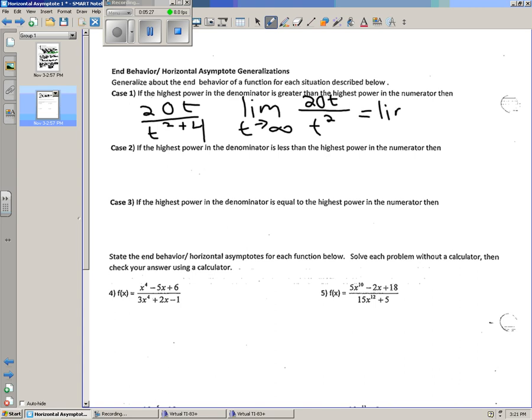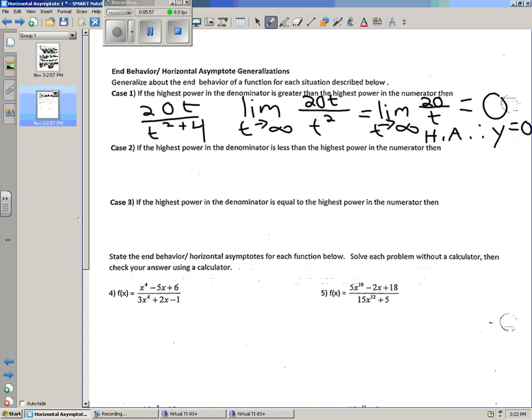So what we find is that this end behavior model just reduces to 20 over t. So as t gets bigger and bigger, when we do 20 divided by 1,000,000, this value is going to get closer and closer to 0. So when the highest power in the denominator is bigger than the highest power in the numerator, we have a horizontal asymptote at y equals 0.